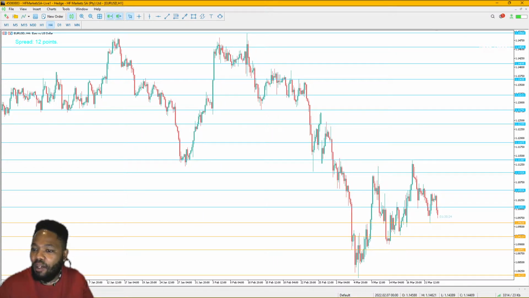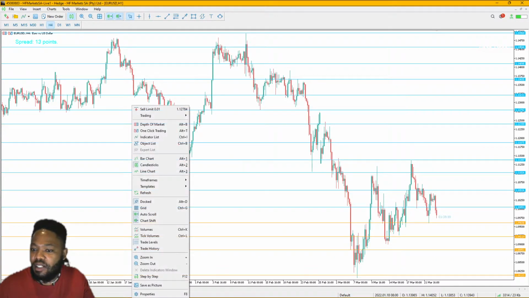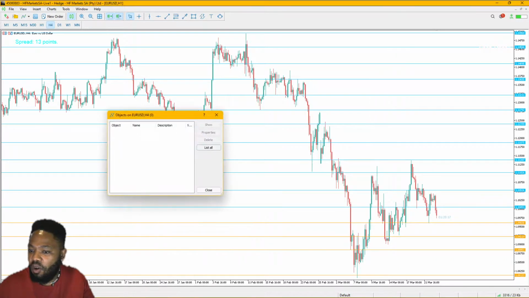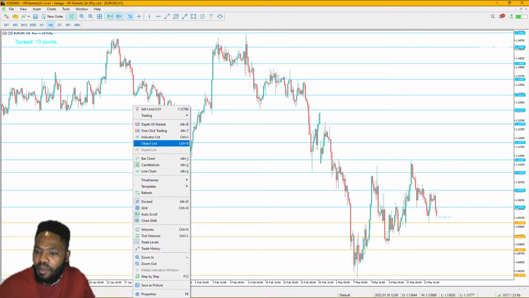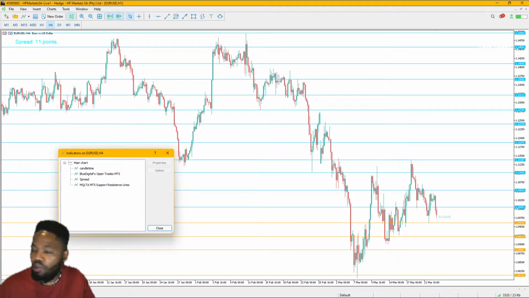As you can tell, I have a couple of indicators that I use, that you normally see on my chart. There's the candle time, which shows when the candle I normally use is closing.